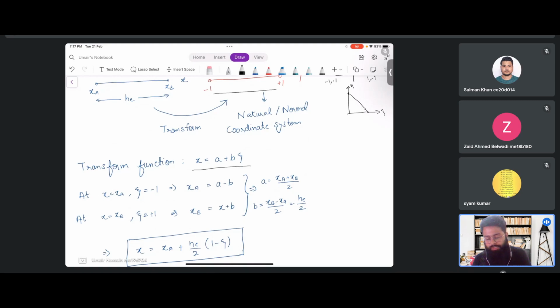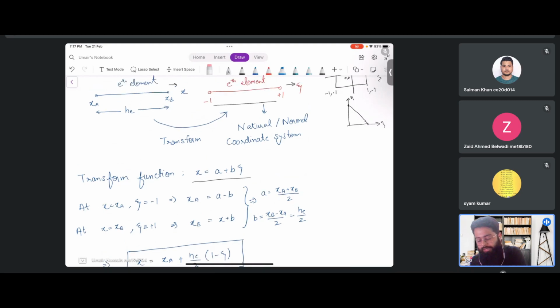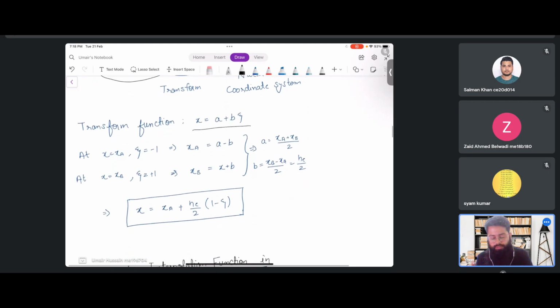So if we know that xa in this system becomes minus 1 here, and xb here becomes plus 1 here, we can substitute the values in this function: where x equals xa, zeta equals minus 1, and where x equals xb, zeta equals plus 1. So we can get the values of a and b, and this gives us the mapping function for the linear 1D element.